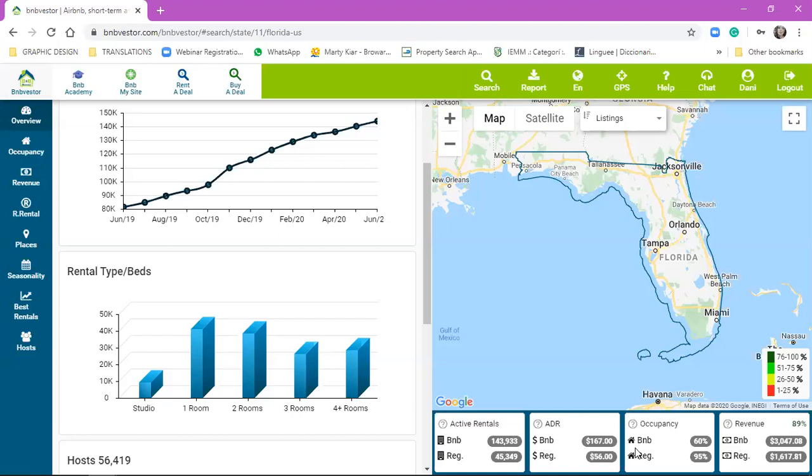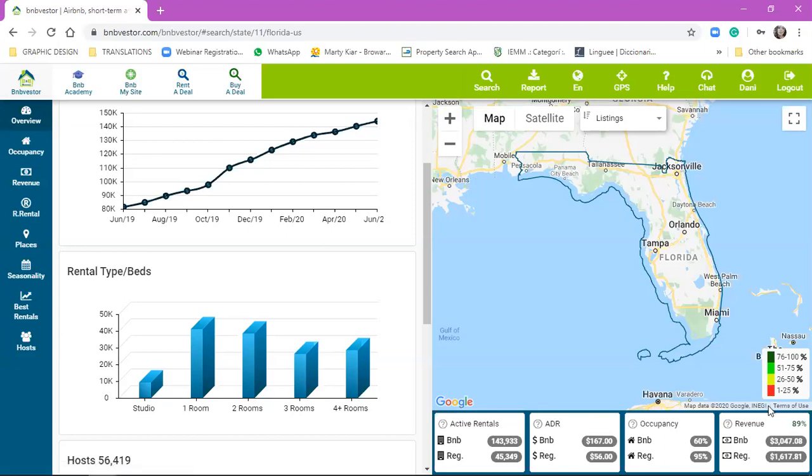But for a regular rental, even though they have a high occupancy rate and a low average daily rate, it's $1,600. So you have 89% of additional revenue.